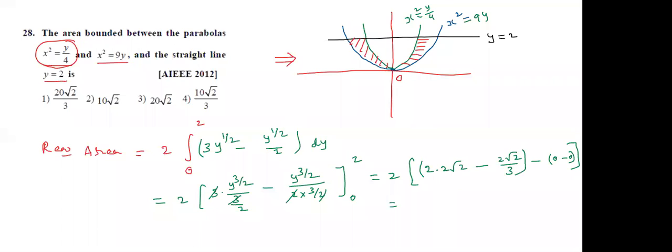Now 2 into this is 4 root 2, 3 fours are 12, 12 minus 2, 10, 10 root 2 by 3. Overall answer 20 root 2 by 3. This is the required area. First option is correct.